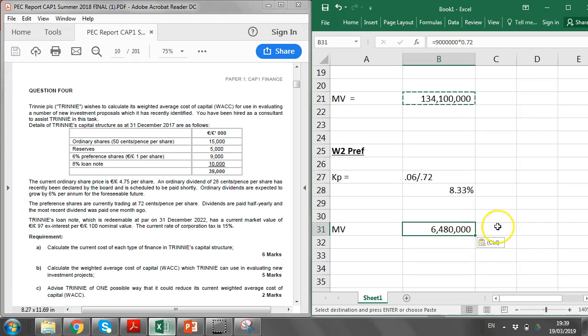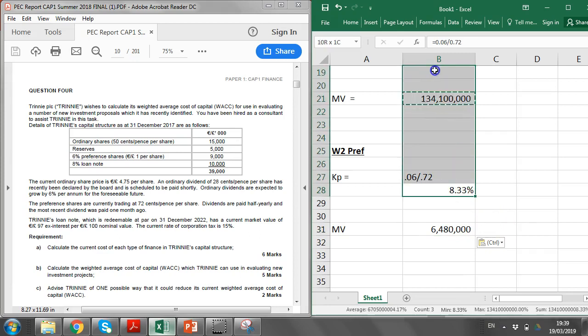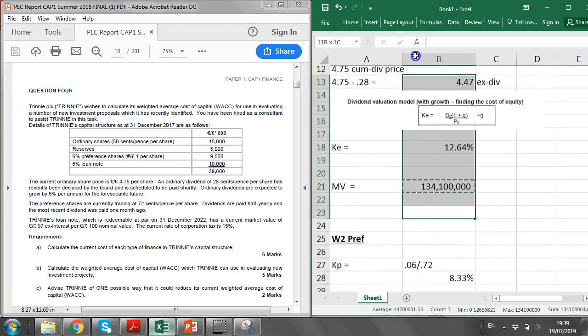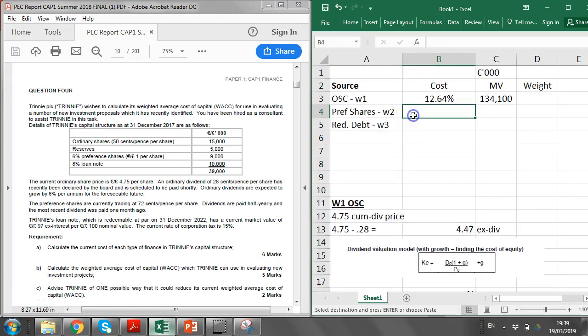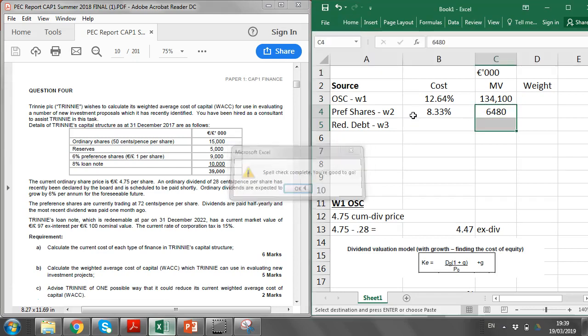So we'll slot in those 2 figures, getting marks as you go along. And my idea is always keep the hardest one to last. Do the easier ones first and slot them in. 8.33% and 6.48 million. Let's tidy that up. 6480 and 8.33%. So we're working through them. We have 2 out of the 3 complete.